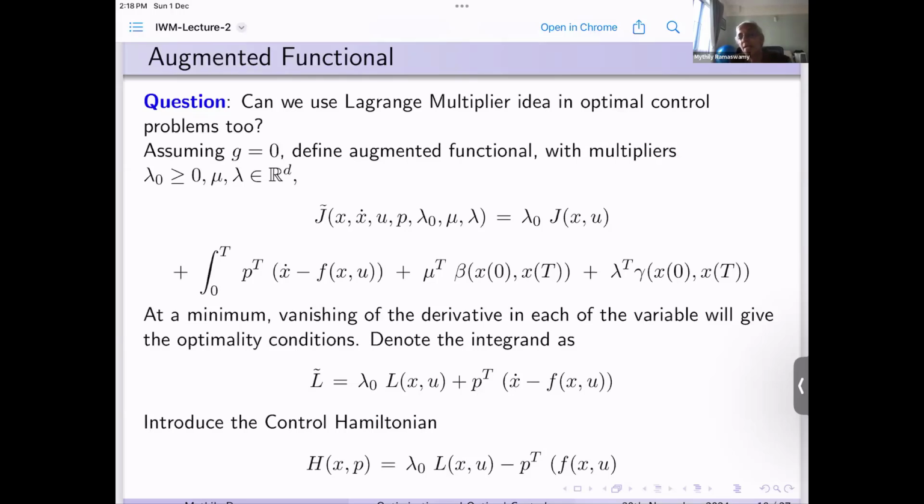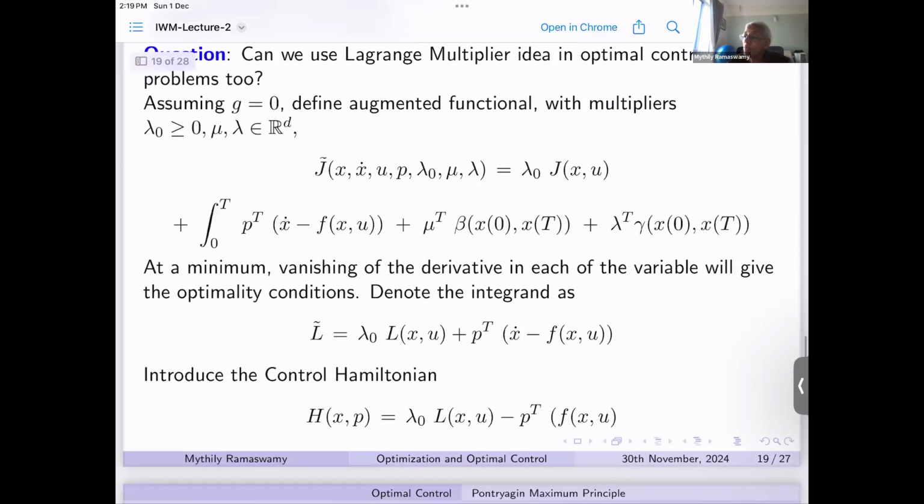If gradient g is 0, the right hand side is 0, but the left hand side need not be 0. So to handle such degenerate cases, we keep lambda naught multiplied by the functional, so that whenever we hit a degenerate case, we will take lambda naught to be 0. That was the question yesterday, I think somebody asked.